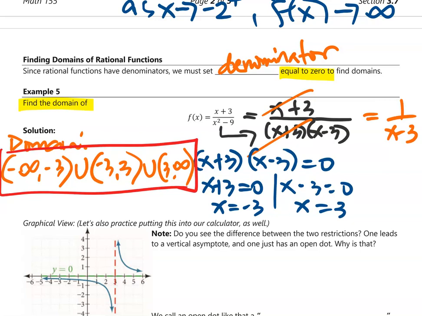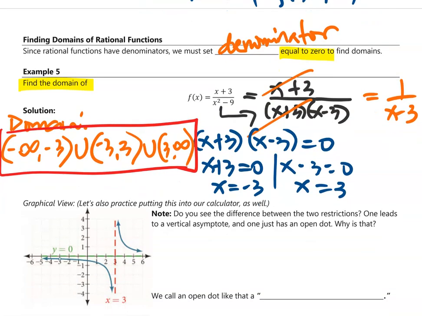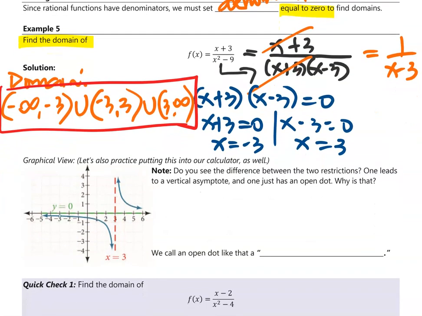So let's take a look at the graphical view of that given function. If you want, you can type this. If you have a graphing calculator or just Desmos, I use that a lot. You can just type as is x plus 3 over x squared minus 9. You will see this graph.